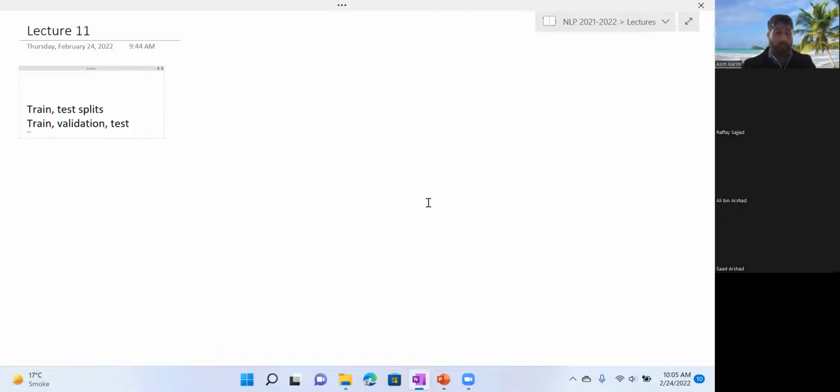And you report your performance on the test set after you have trained over the training-validation pair. So this is the simplest reliable way of estimating the performance of a model.